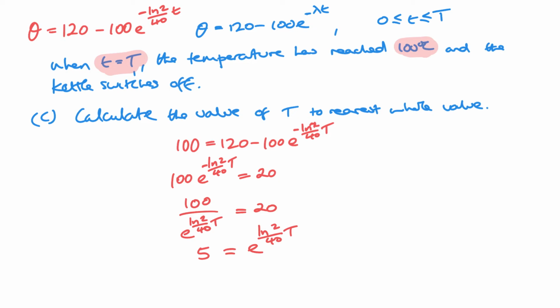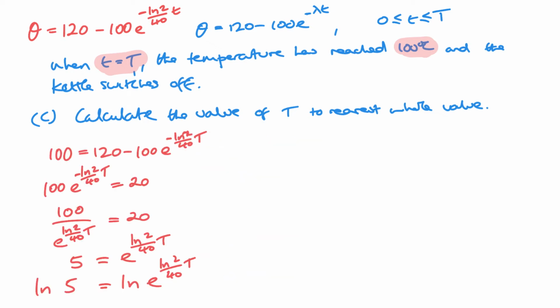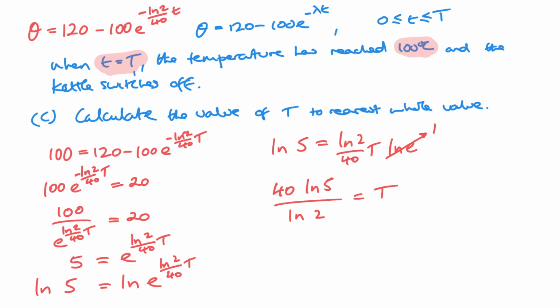And taking logs of both sides, and then using the laws of logs to deal with my power, I get ln 5 = (ln 2 / 40)T ln e, and this is just 1. So now I've got 40 ln 5 / ln 2 = T.